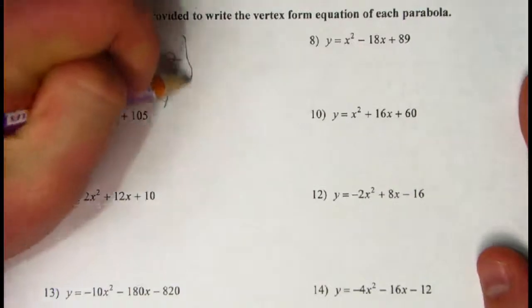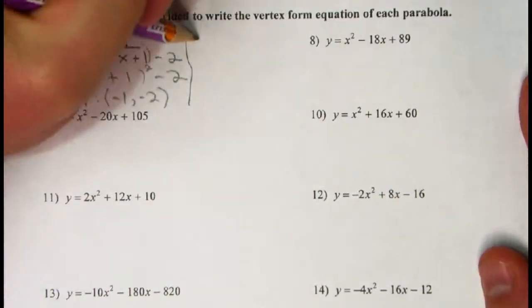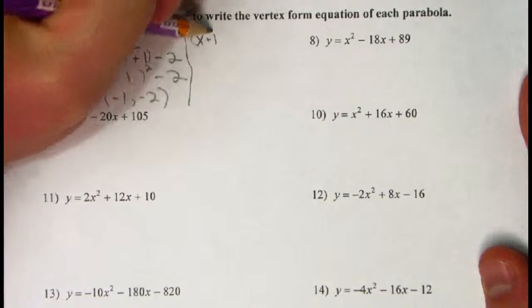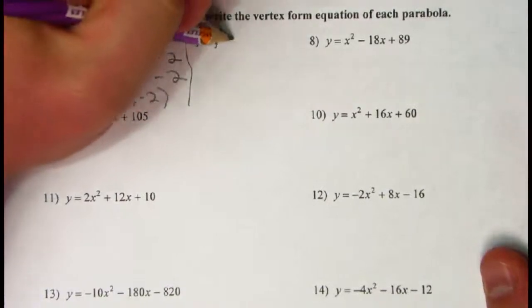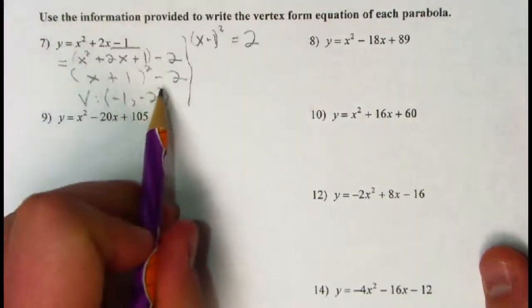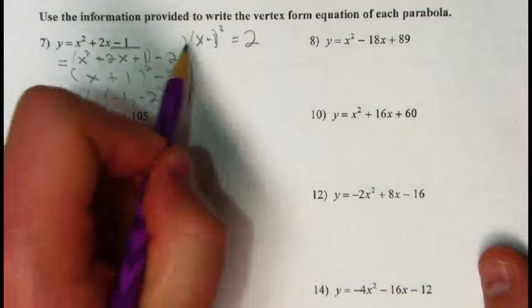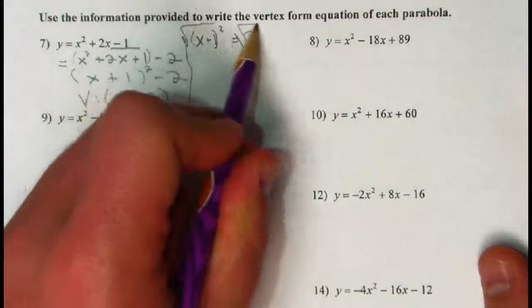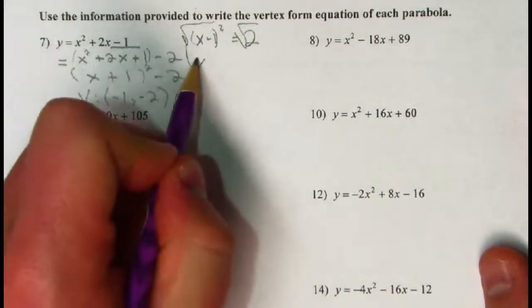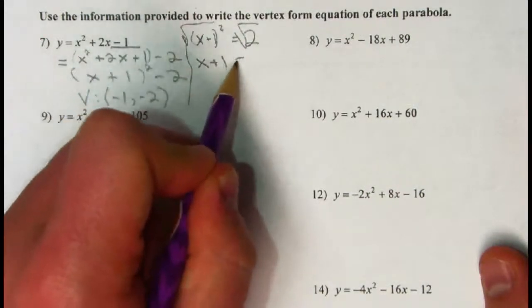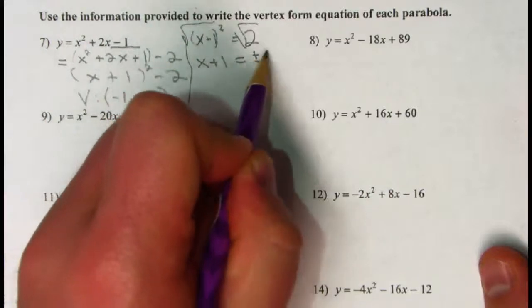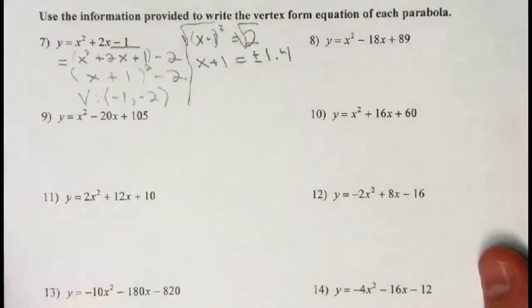But then when you solve this, x plus 1 squared equals 2, add 2 to both sides, take the square root of both sides, x plus 1 equals plus or minus about 1.4.